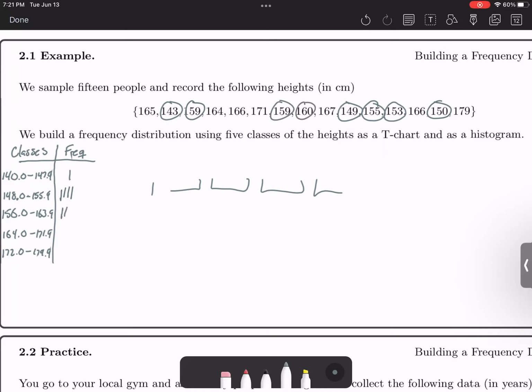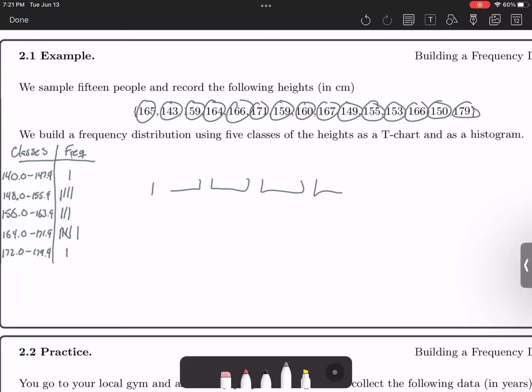We've got 3 there. How many data fall between 164 and 171.9? 1, 2, 3, 4, 5, 6. 6 there. And 172 to 179.9, we've only got that one right there.